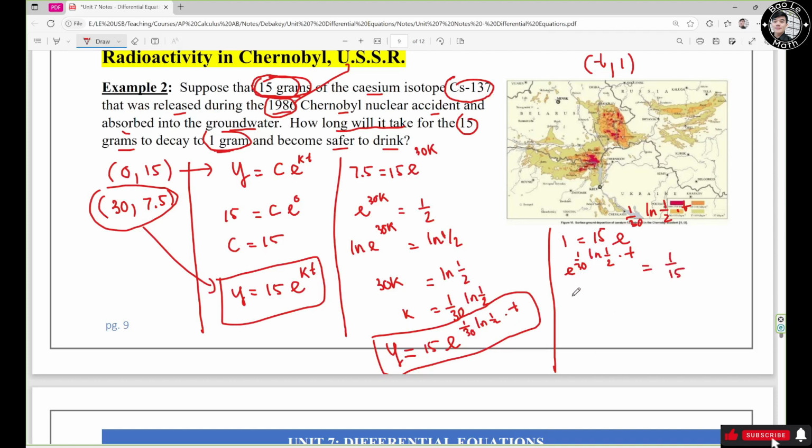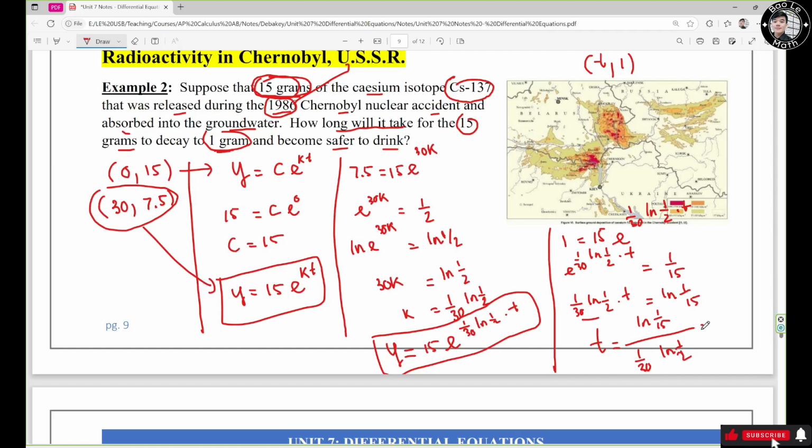Now take natural log of both sides, so I have 1 over 30 times natural log of 1/2 times t equals natural log of 1 over 15. Now I need to divide both sides by this, so t equals natural log of 1 over 15 divided by 1 over 30 times natural log of 1/2.